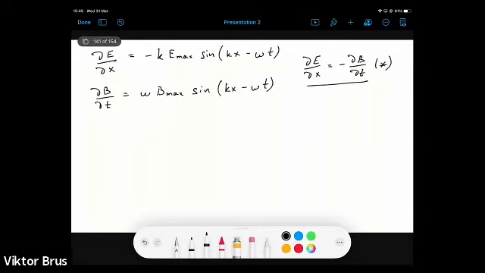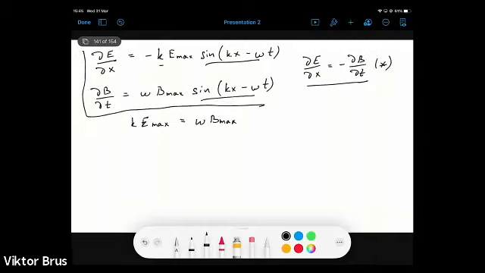Taking this into account, let's first write that k times E maximum is equal to omega times B maximum, because the left sides are equal up to the minus sign. Sine is the same here as here, so the coefficients in front of sine should be equal to each other.